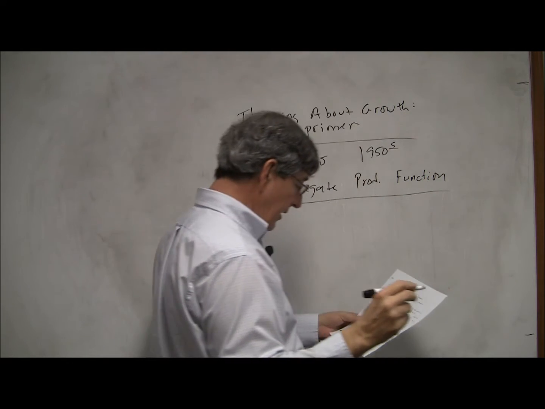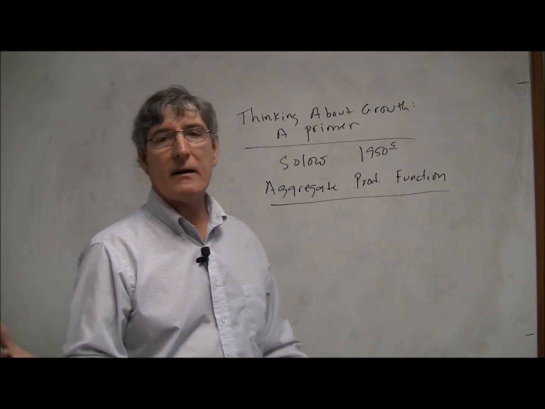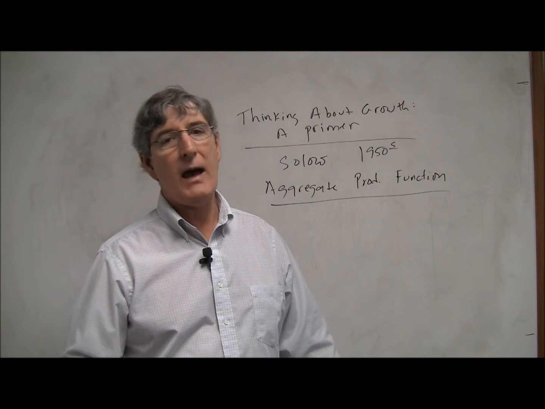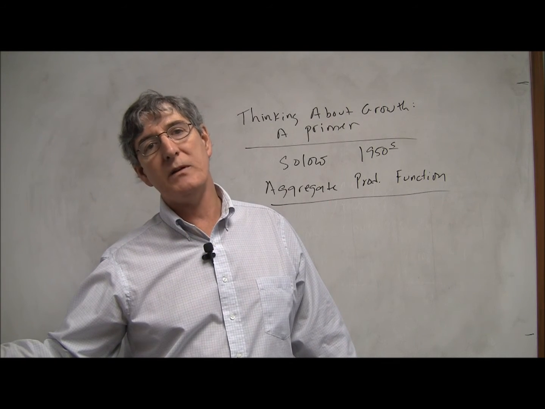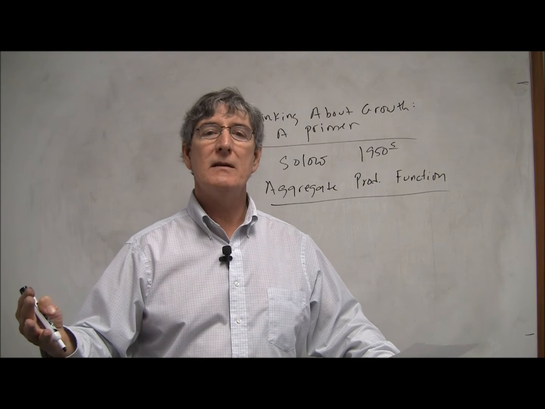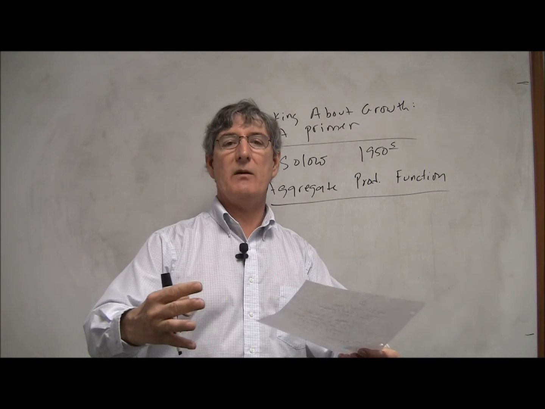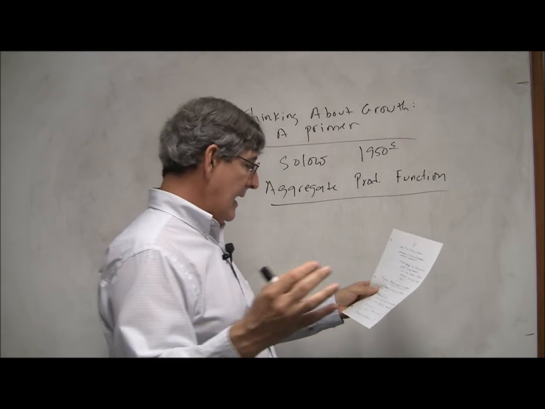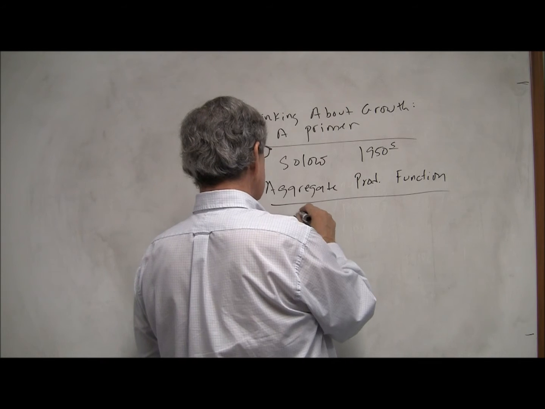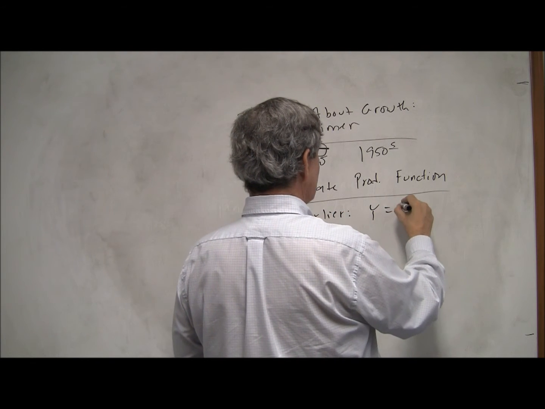We used one earlier. This is just a relationship between aggregate inputs, the aggregate amount of labor you have, the aggregate amount of capital that you have, and the aggregate amount of output that you get out of them. So you have these inputs, the aggregate amount of steel, all this stuff. We put all those inputs into a production function, and out jumps a whole bunch of GDP. And so earlier in the course, we had a simpler one. We just said that Y was equal to labor.